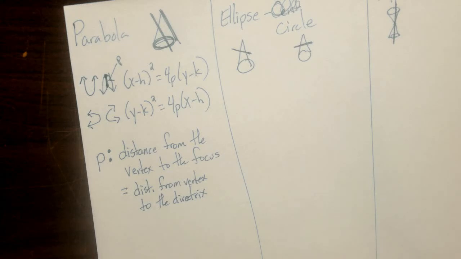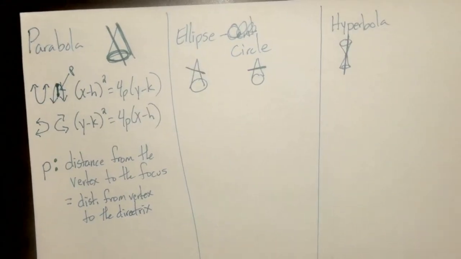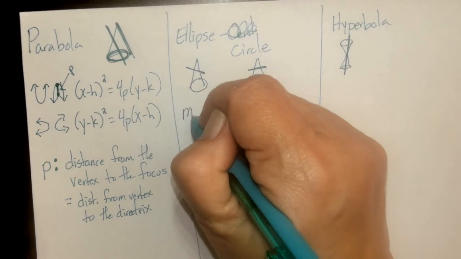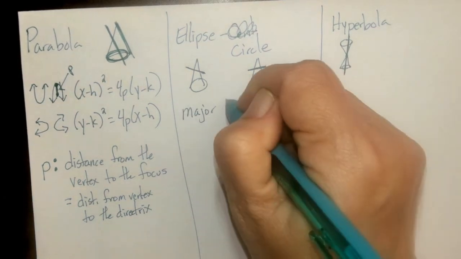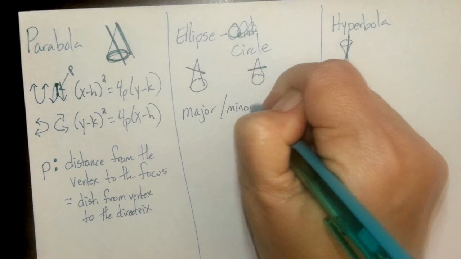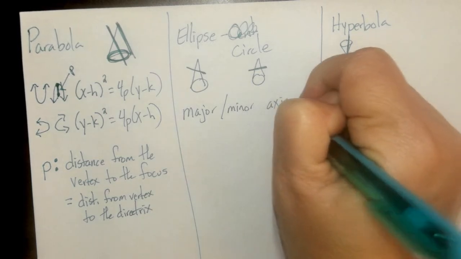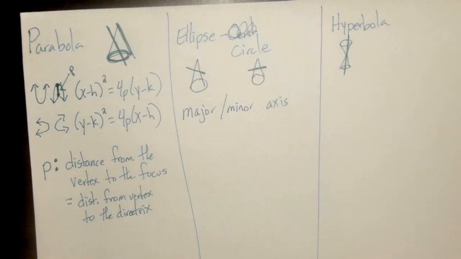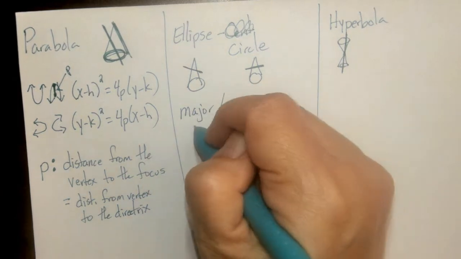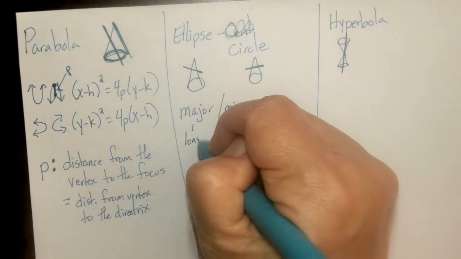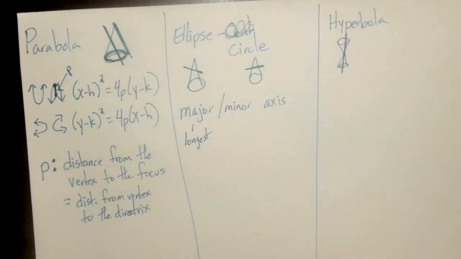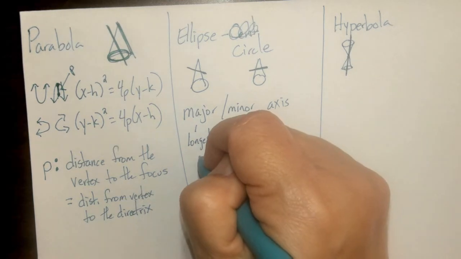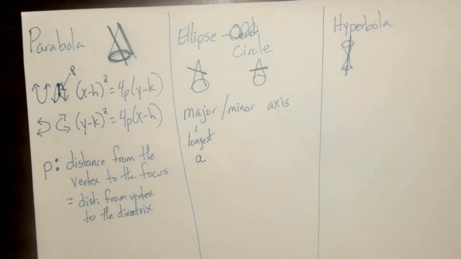All right, on our ellipse, main point is that we have two axes. We have a major and a minor axis. The major is always the longest. And the longest, major axis is always going to be associated with the letter a.